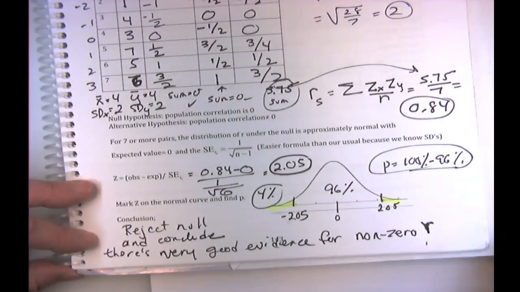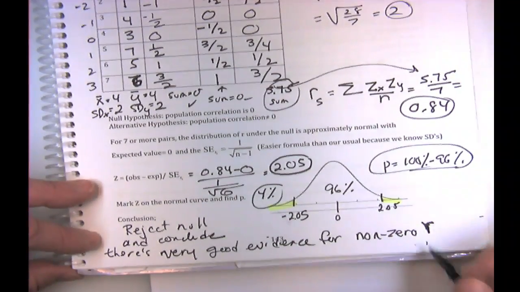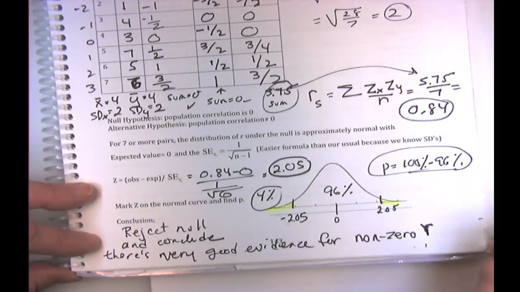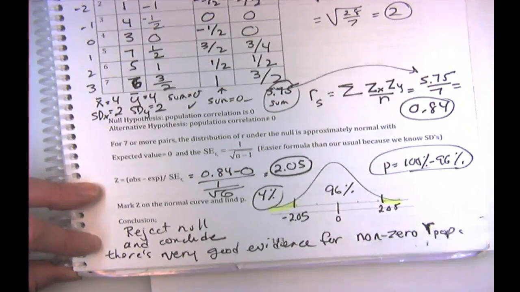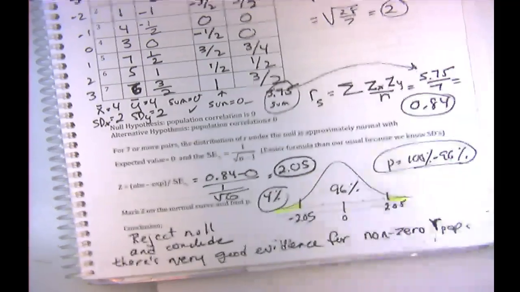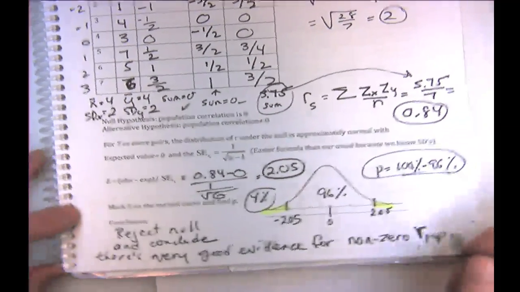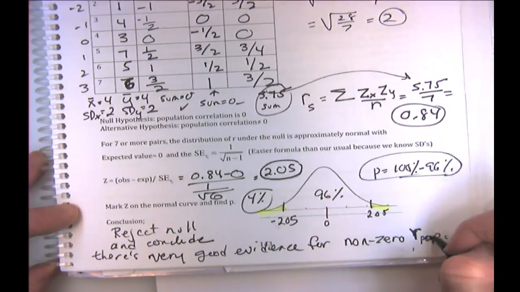I can't draw a rho. We were supposed to use the Greek letters, but a rho looks too much like a P for me, so I'm just going to say non-zero R in the population. Okay?